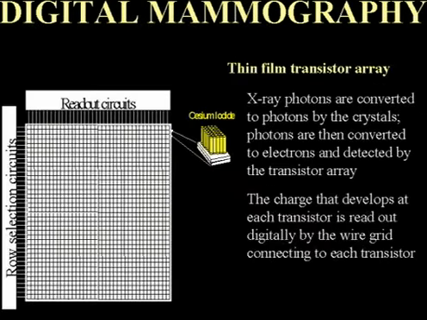In this construct, the X-ray photons are going to come down and be converted by these cesium iodide crystals to light. That light will then travel down the crystal and be detected by the transistor array and converted to electronic energy. The energy at any one point, remember at each pixel, will then be read out by an individual transistor according to all of these tiny wires.